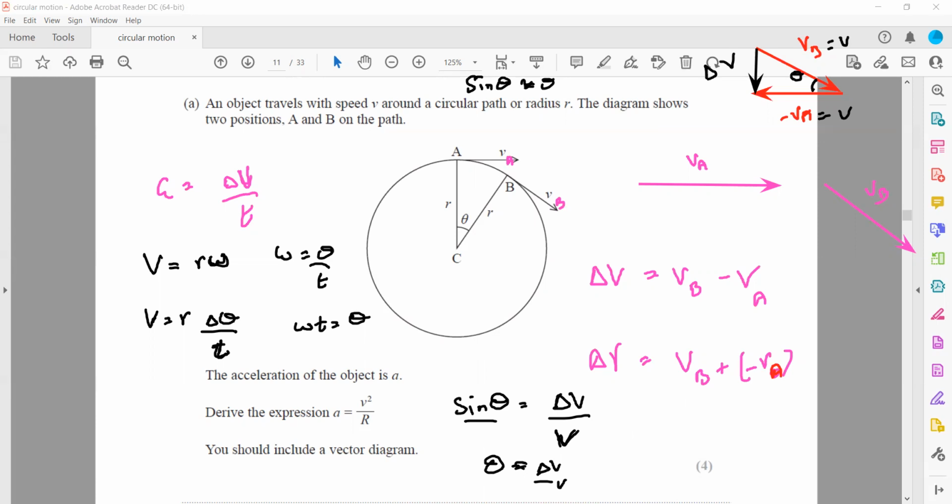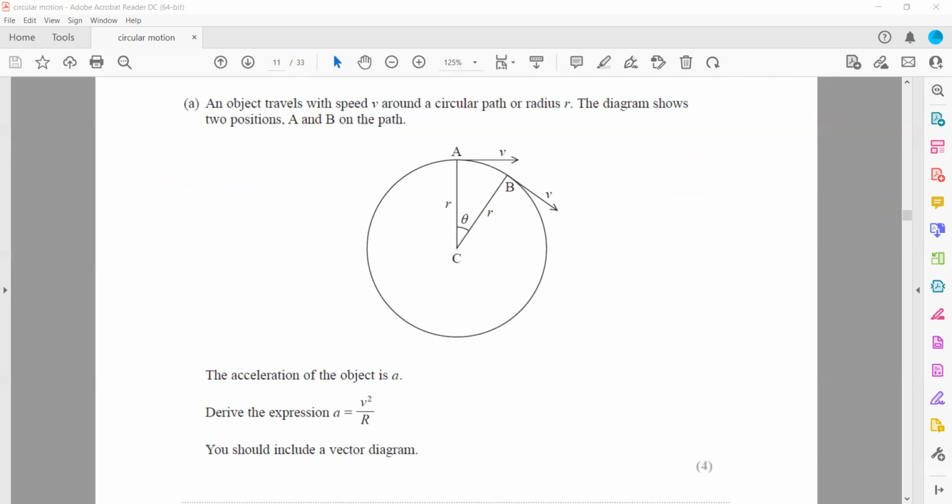Now this is just sorting out the formulas, and now deriving a relation as we want to. So we work out by drawing a vector diagram that change in velocity over V is approximately equal to theta, as theta is very small.